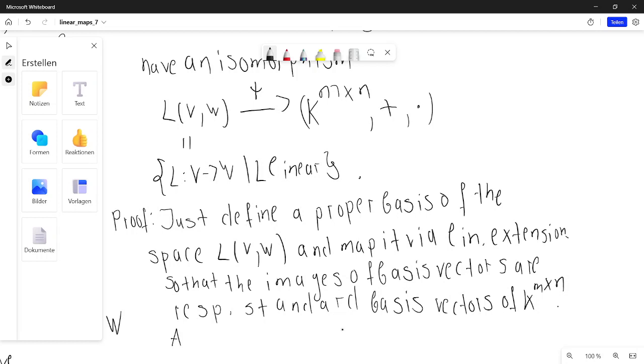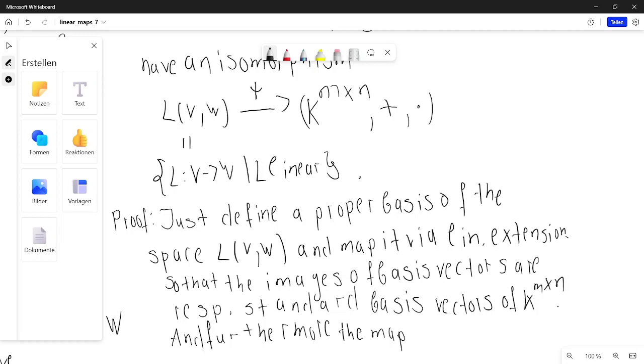and furthermore, the map would be surjective. Well, of course, if we have mapped to all standard basis vectors, then we just have to take a linear combination in our original space, having the map defined as linear by a linear extension.